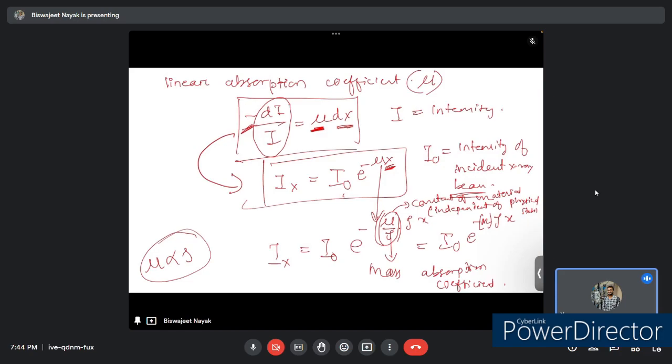What is the primary mechanism of X-ray absorption? X-rays are primarily absorbed in the specimen by photoelectric absorption.